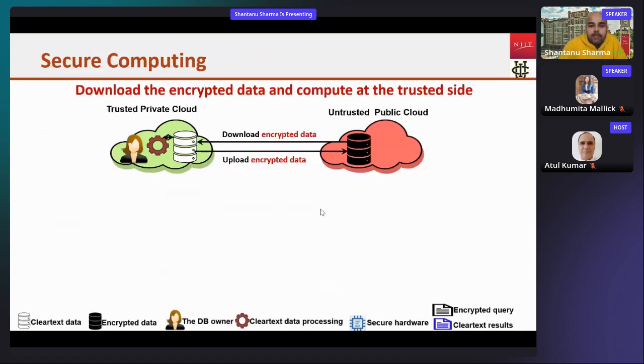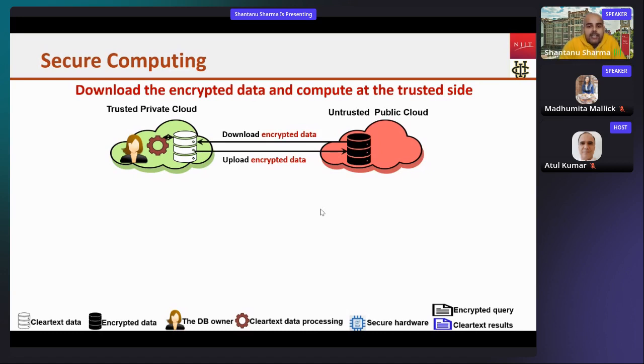So let's start with the encryption part now. As I told you, the easiest way is to use any encryption technique, symmetric or asymmetric cryptography, encrypt your data, and upload it to the cloud. It is completely secure, assuming that the adversary, the public cloud, or any person at the cloud who can access our encrypted data cannot break the encryption key.